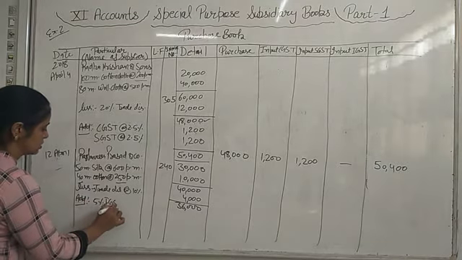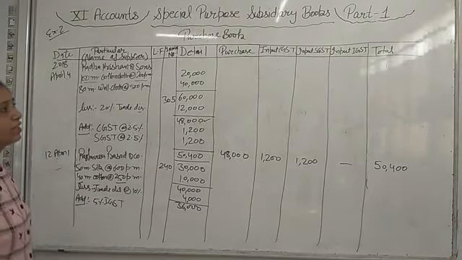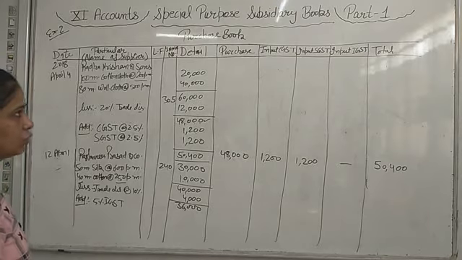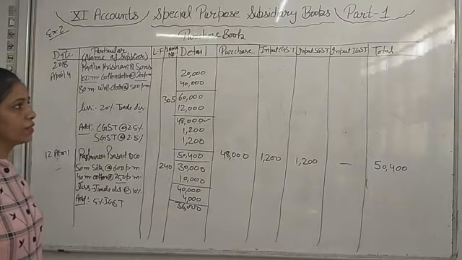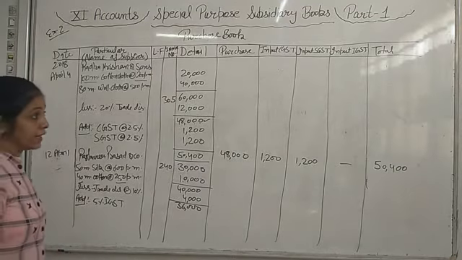And add 5% IGST. Why 5%? Because the rate is given in the question that CGST and SGST rate is 2.5% each.